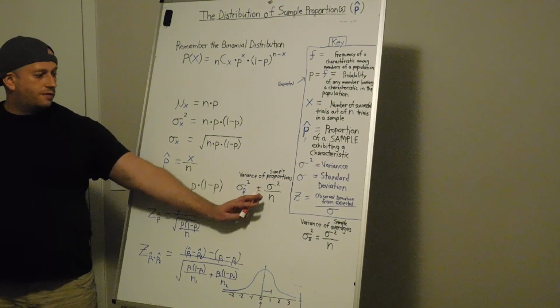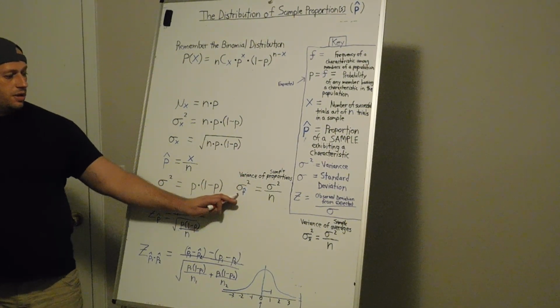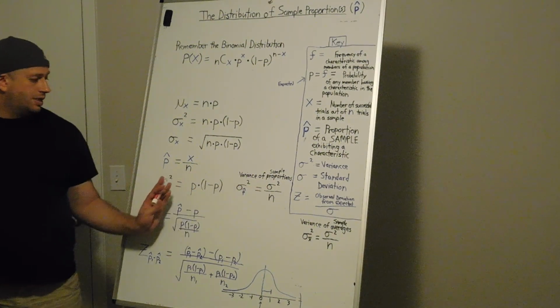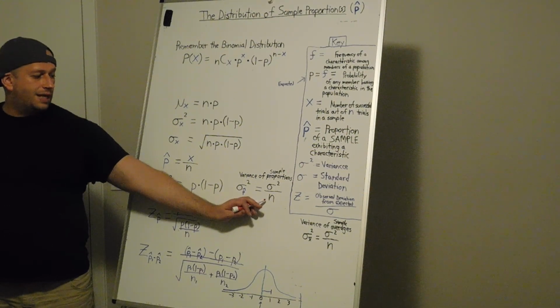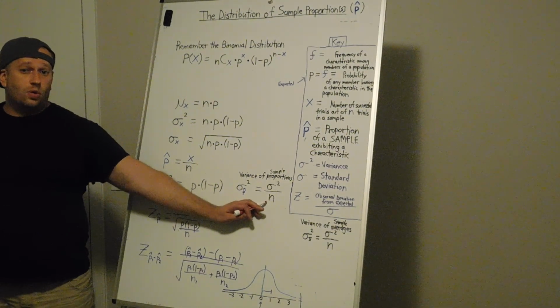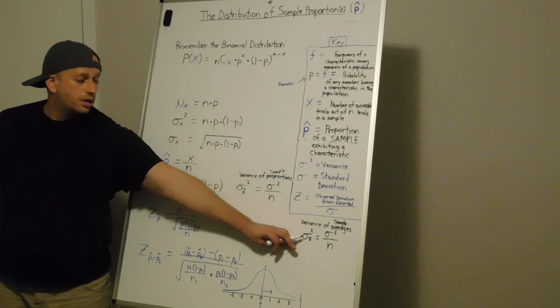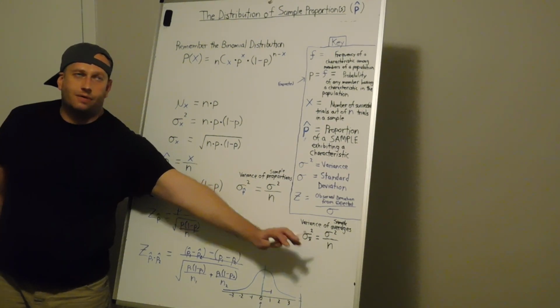Now the variance of sample proportions, here we're taking that variance that I just talked about, and we're dividing it by n to get that. We're dividing by n this time simply because, remember when we looked at the averages before? We would divide by n to get the variance of the average of averages that we get. Sorry, the variance of averages.